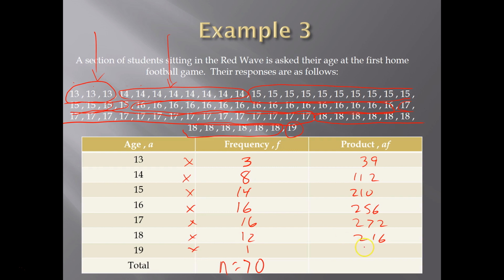And 19 times 1 obviously is 19. Now adding all those together, you get 1,124.